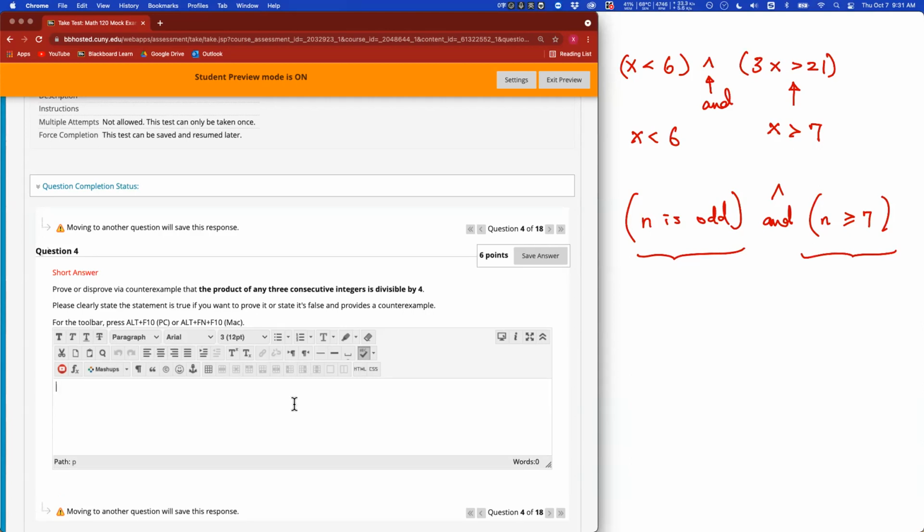So you can say this statement is false. Now you need to explain it. So you can say 1, 2, 3 are 3 consecutive integers. 1 times 2 times 3 equals 6.